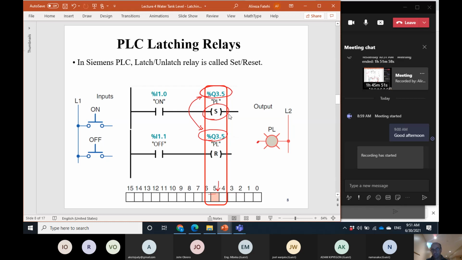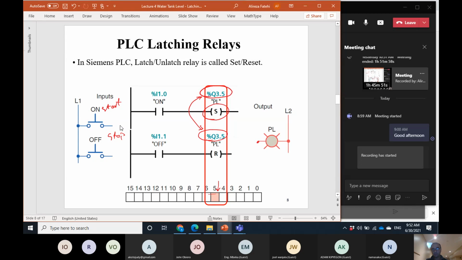So if you apply logic 1 on this, Q3.5 sets. If you apply logic 1 on this, please notice, it resets this one. So that circuit will be like this: on, off, or start and stop.